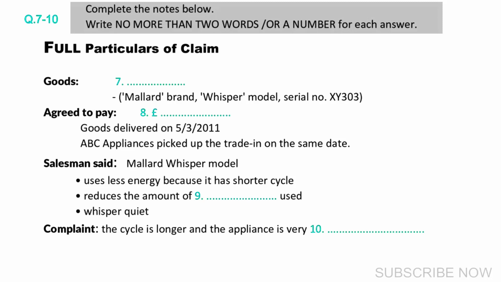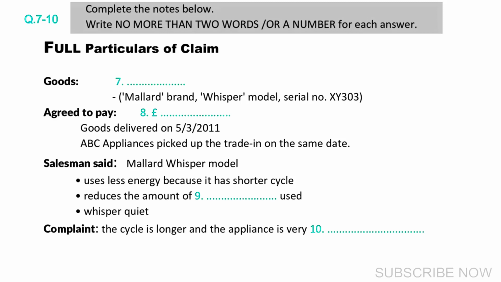What did the respondents say about the quality of the goods, or the way they would perform? The salesman who served me at the appliance shop said, "The Mallard Whisper model has a much shorter cycle, so it uses less power. And it will also use less water." Is that true? Well, partly.